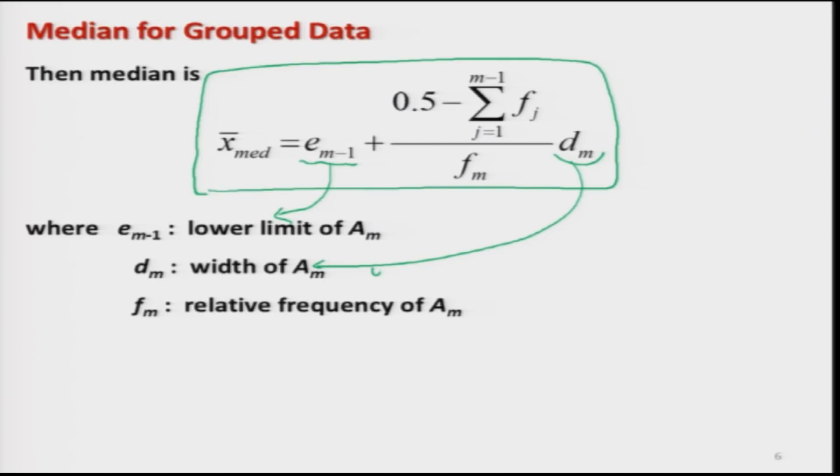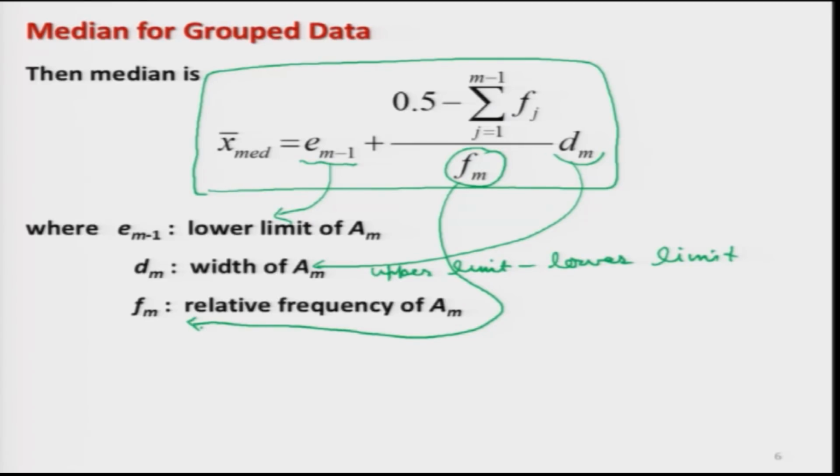Width means upper limit minus lower limit, so this is the class width. Then there is the relative frequency Fm of the median class. Based on this, we compute the median of the given grouped data, and we denote it x bar med, the short form of median.